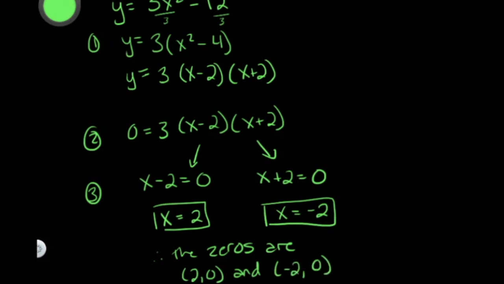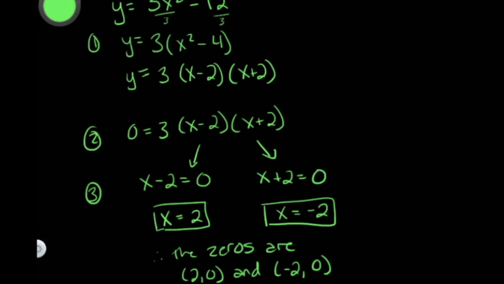And you've probably noticed by now that once we get our quadratic relation into factored form, our zeros are going to be the opposite of what our factored form is. So if you notice that we had x minus 2 and x plus 2, our zeros ended up being the opposite. This negative 2, our 0 was a positive 2, and this positive 2, our 0 was a negative 2.